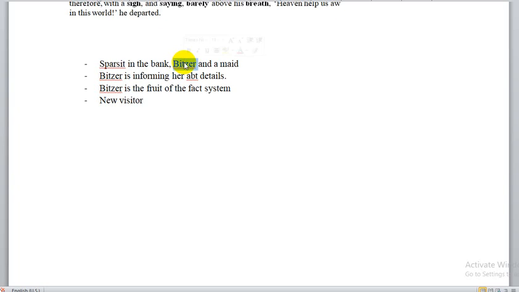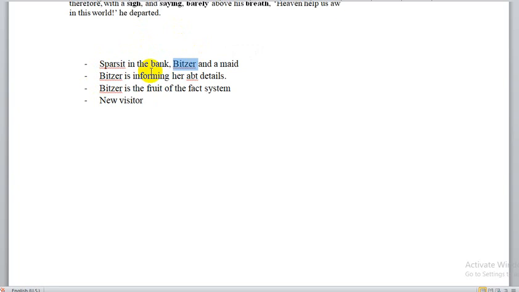We know that Bitzer is one of the brilliant students of the School of Facts. If you remember in chapters 2 and 3, he defined the horse in the most scientific and factual way, and he used to be considered an example of the School of Facts. And the chapter gives us ideas about the life of Bitzer and how he is portrayed in chapter 1 of book 2.